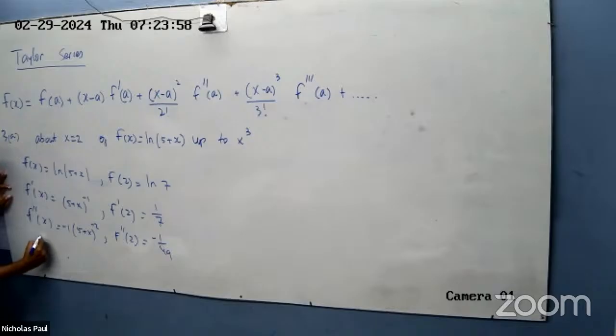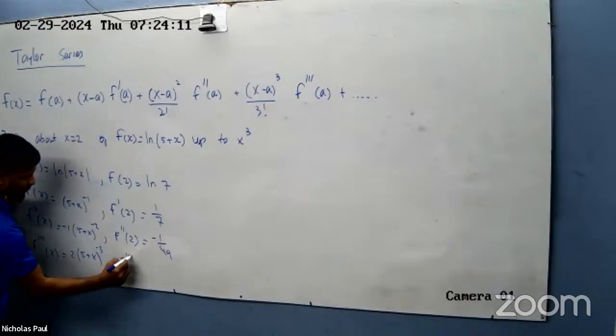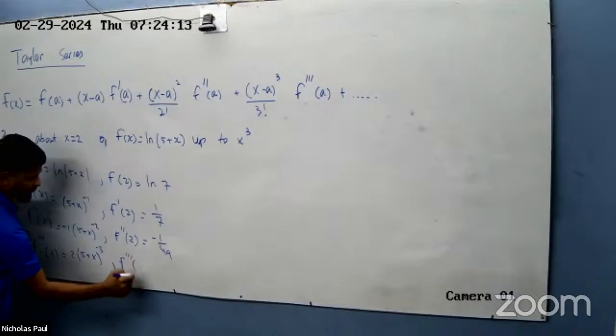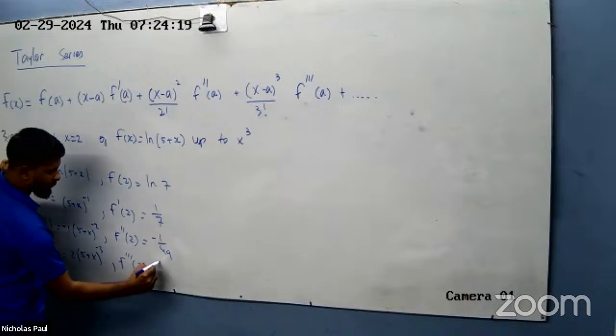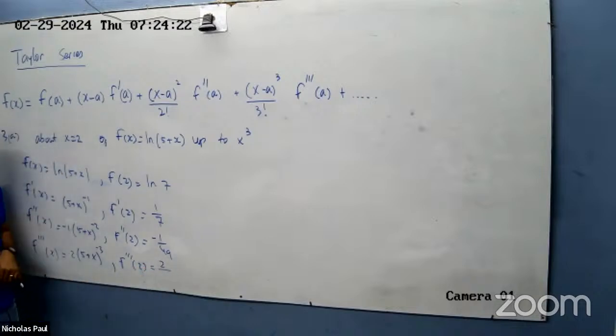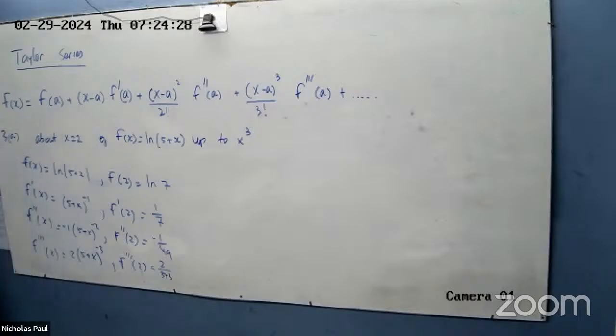Triple prime: we'll get 2 by 5 plus x to the minus 3. And we shall get 2 over 343, which is 7 cubed.